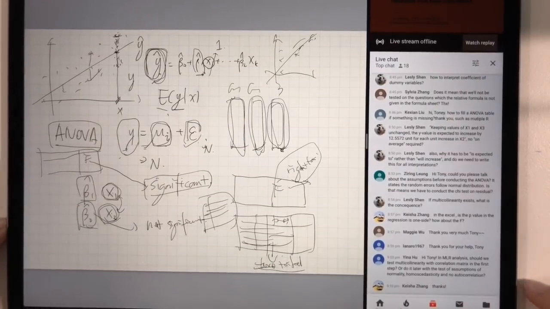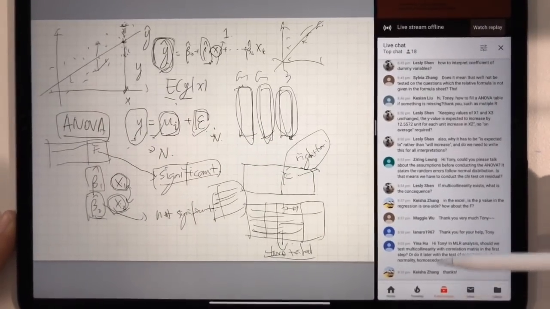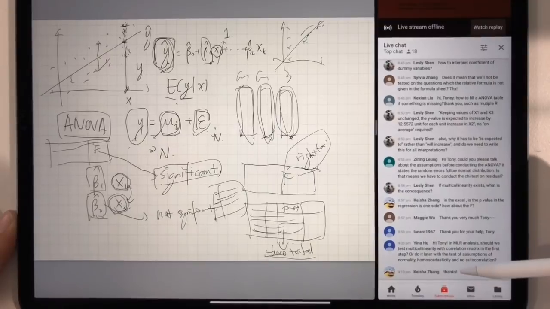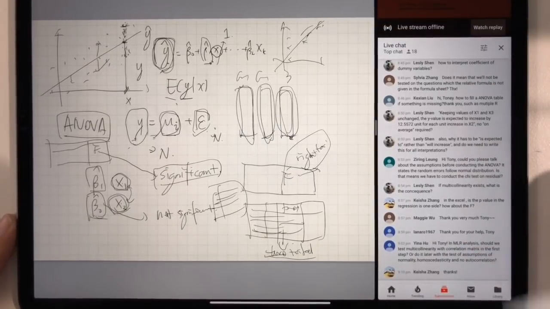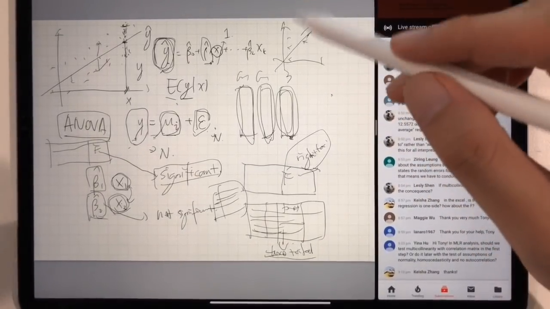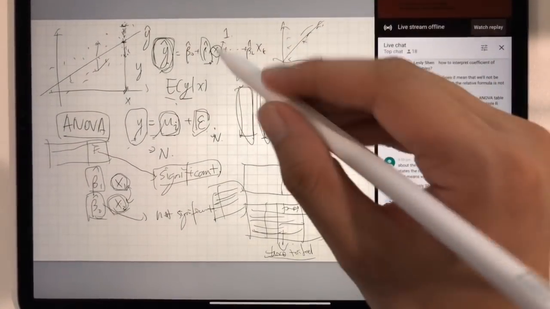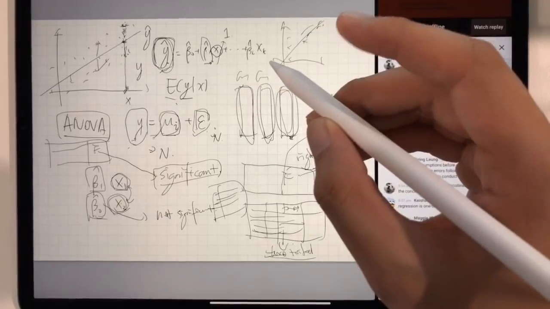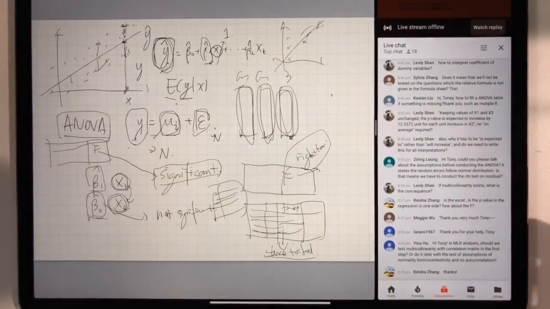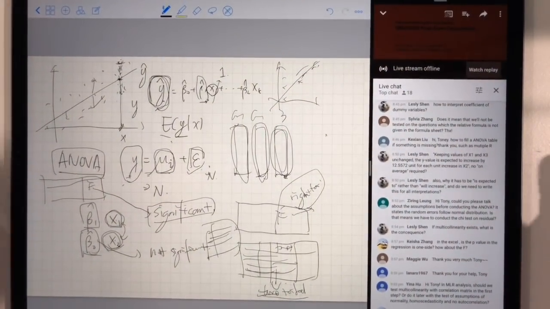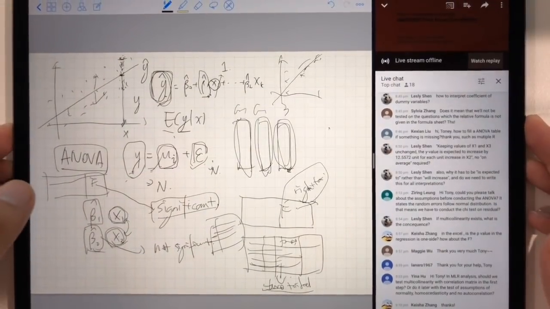Keisha Zhang is saying thanks. So you can see there are input lags between you and me, right? So sometimes I won't have a real-time response to your questions. I do apologize for that. Oh wow, this double tap really works. Wow, great. Okay, thank you so much. No worries.